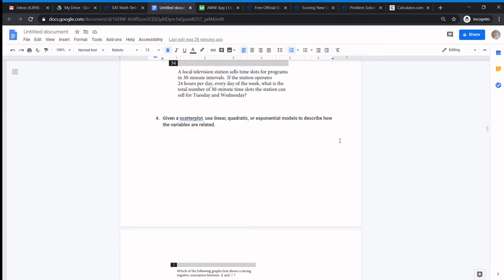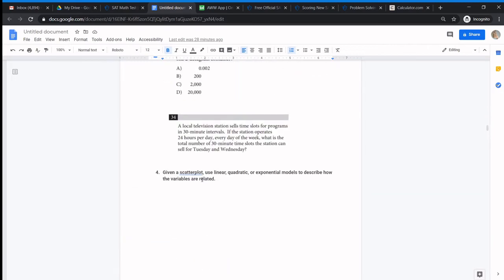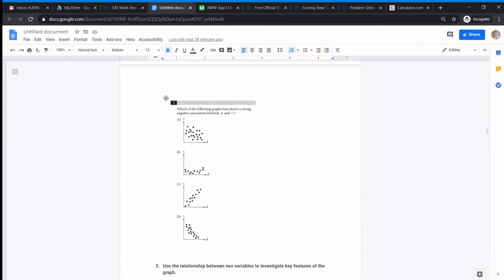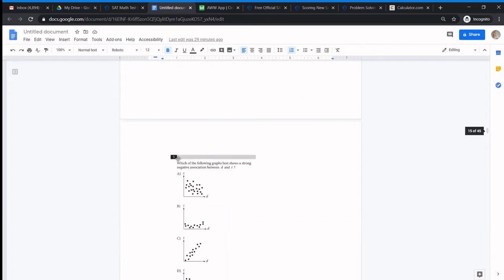So now we're going to look at a topic that I've only actually ever seen once. So it's a very rare topic, but it is kind of an interesting one. So it is, given a scatterplot, use linear, quadratic, or exponential models to describe how variables are related.